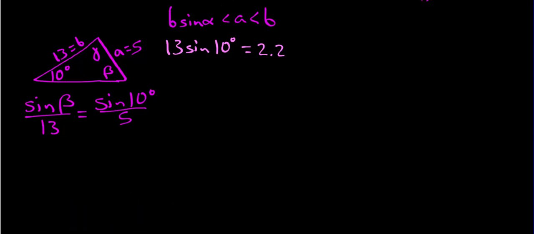I've been given the angle 10 degrees and its opposite side, and what I'm trying to do is find the angle opposite a side that I was given. So this is perfect. I can say sine beta is equal to 13 sine 10 degrees over 5.